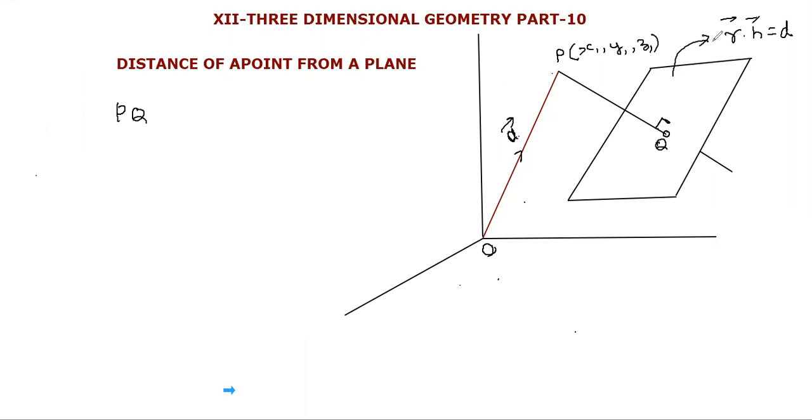In 3D, this r is replaced by vector a, because we are putting the values of a.